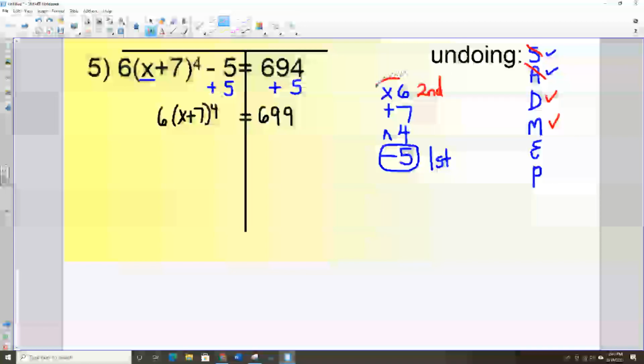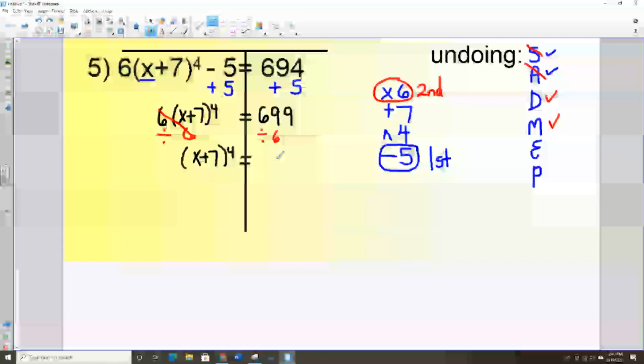How do you undo times 6? Hopefully you said divided by 6. So we're going to divide both sides by 6. That's going to get rid of this, and we're left with the quantity x plus 7 to the fourth power. And then a quick calculator trick there.